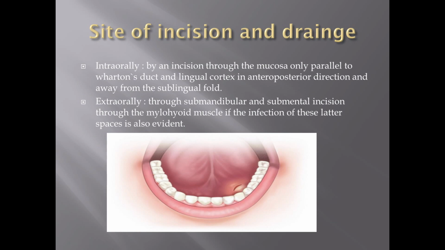The site of incision: intraorally, incision through the mucosa only, parallel to Wharton's duct and lingual cortex in anterior-posterior direction and away from the sublingual fold, or extraorally through submandibular and submental incision through the mylohyoid muscle.